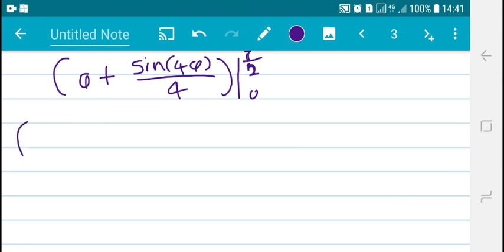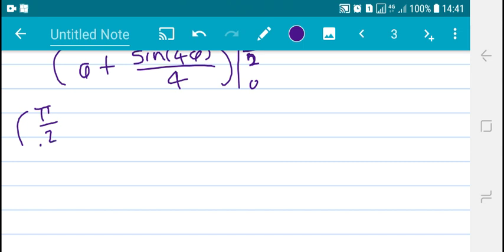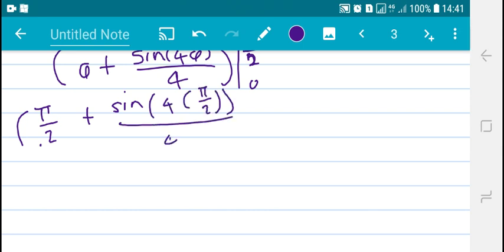So we get pi over 2 plus sine of 4 times pi over 2, over 4.